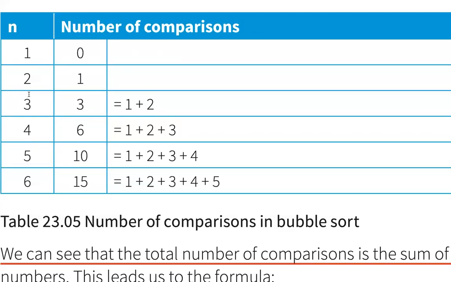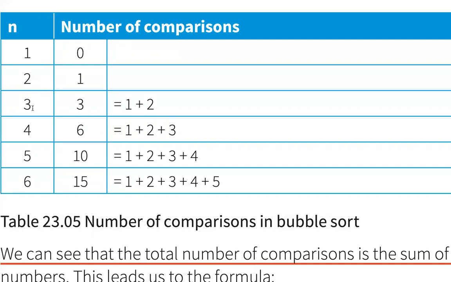So I'm taking two elements at a time and swapping them. Now, for two elements, I only have to do one comparison and I'm done. If those two elements are in order, I won't swap. And if they're not in order, I will swap and my 2-element array is finished.